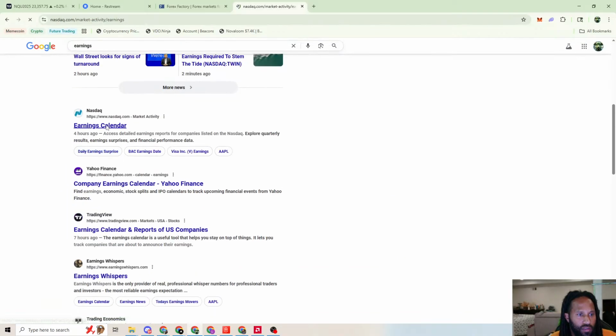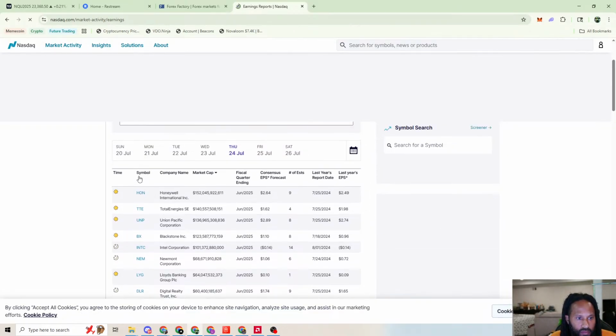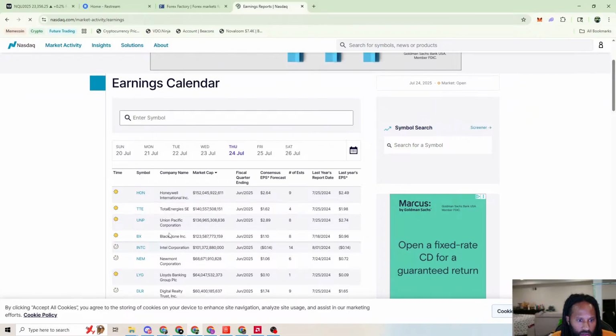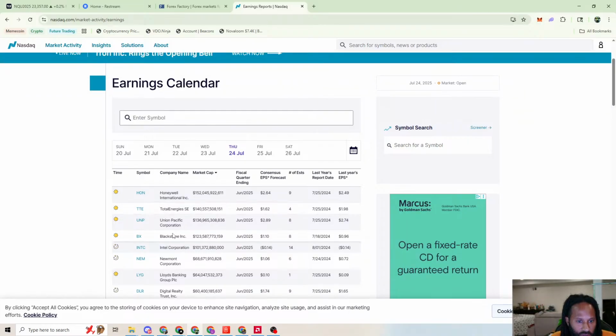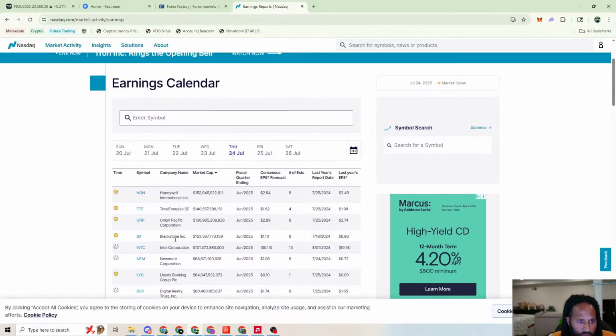Intel. See what this earnings calendar looks like. We got today, market cap, BX Blackstone's today. Ooh, that's gonna move something. That's gonna move some money. Intel, that's tonight. Lloyds Banking Group, they got that this morning. It's called BTC.